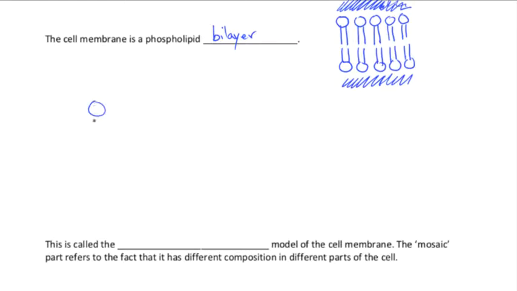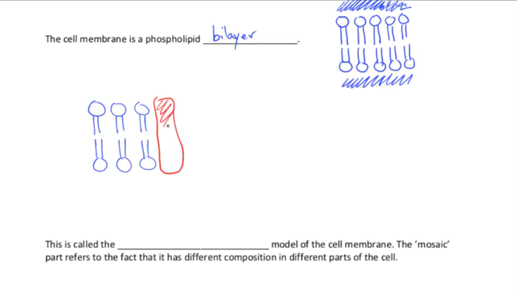If we have phospholipids, again, the aqueous solution is out here. So phospholipids with their hydrophobic tails pointing to the inside. There are also proteins in the cell membrane, and those proteins can be in two places. They could be right in between the phospholipids.